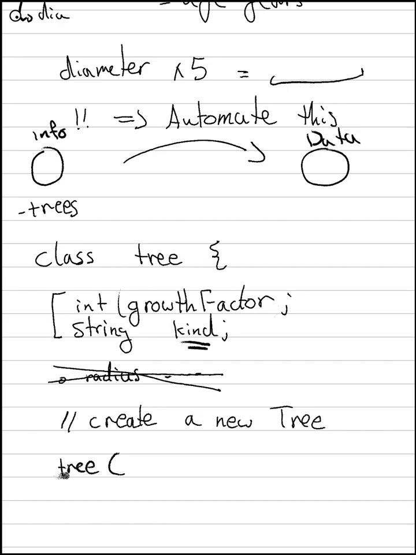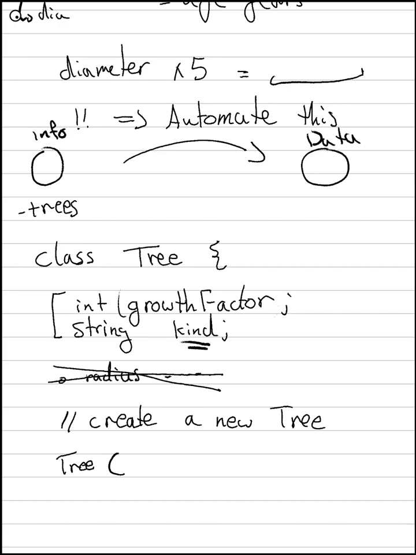Yes, it's not capitalized. Exactly. And we know the constructor needs to match the class name, and the class name is also not capitalized. So we need to make sure that we go with the convention and have capital letters for classes. So it's going to be capital T Tree.